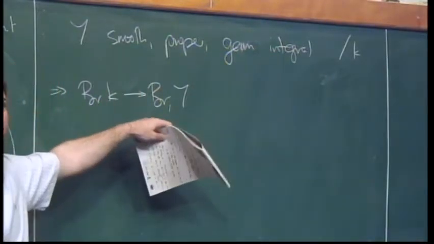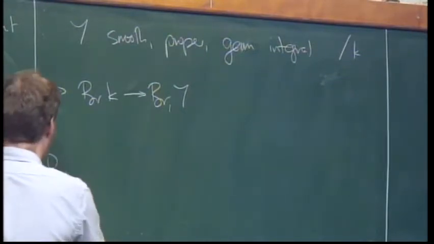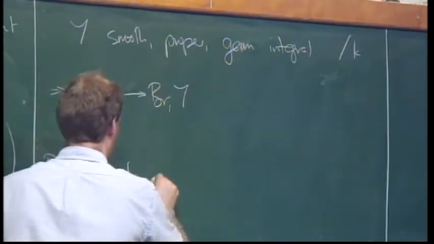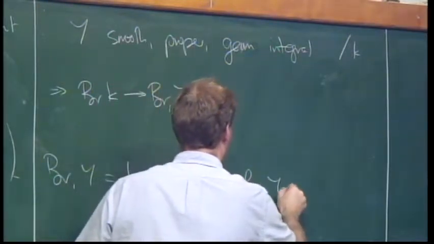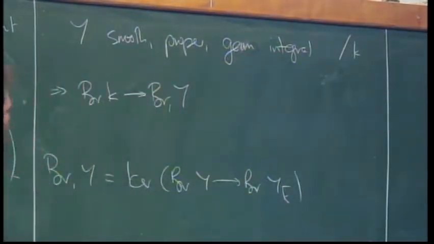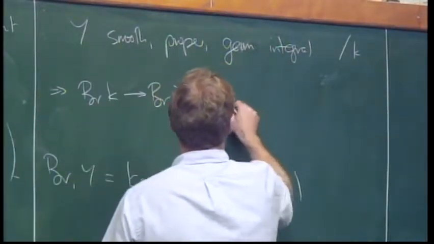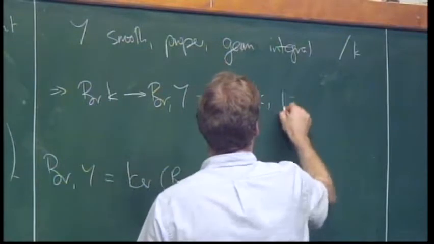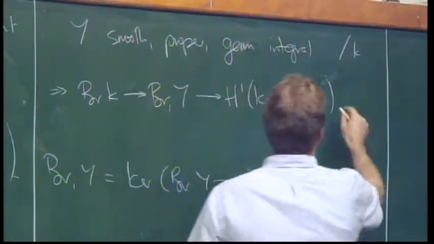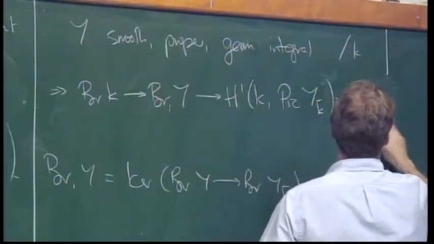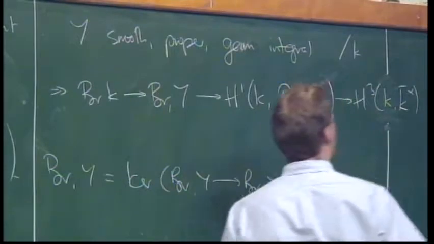So Br_1 Y is the algebraic part of the Brauer group. It's the kernel of the map from Br Y to Br Y over K bar. This lands in here. And the next thing here is H^1(K, Pic Y_K bar). And the next thing is H^3(K, K bar star).